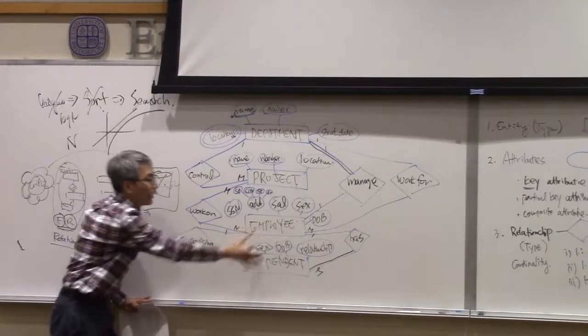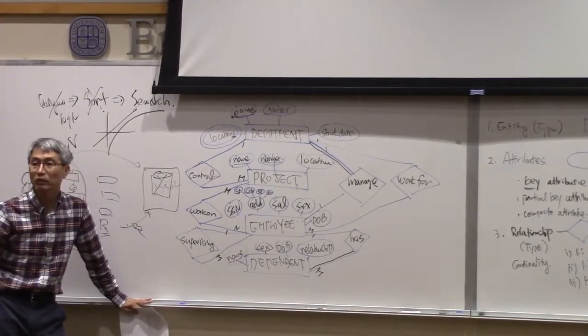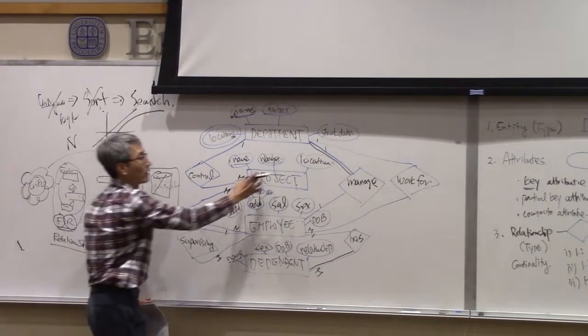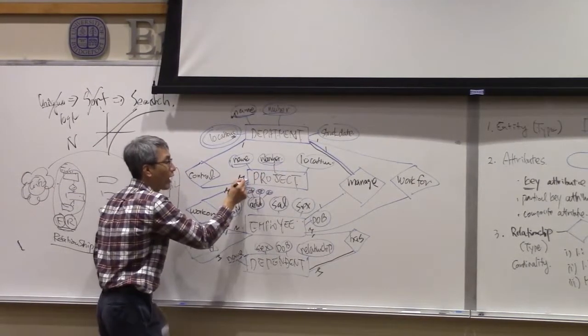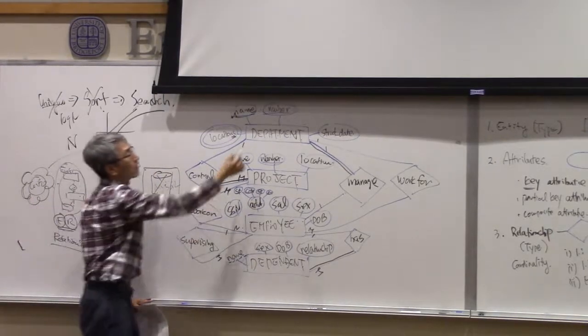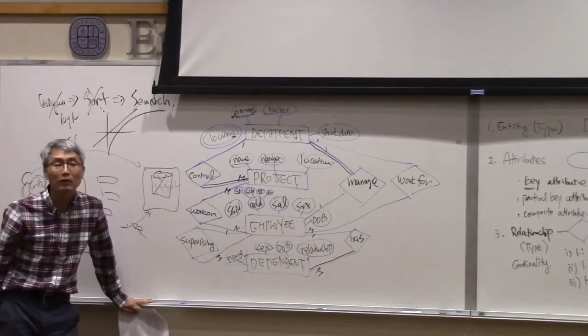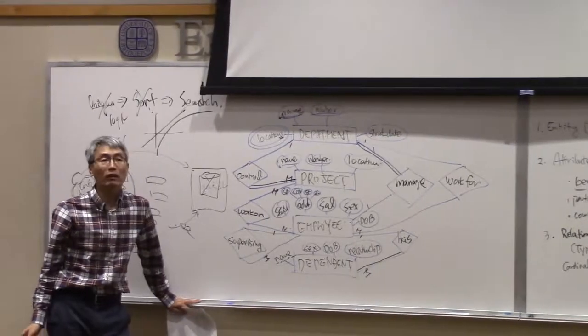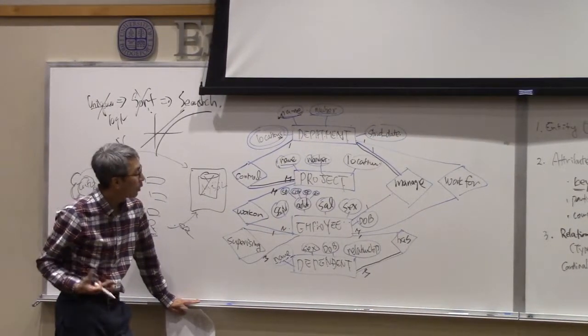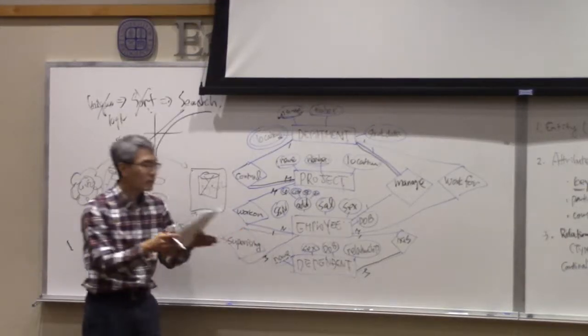Not all employees have a dependent. Okay? And project. In case of a project, it should have a controlling department. However, a department may not have a project, like HR does not have any project.